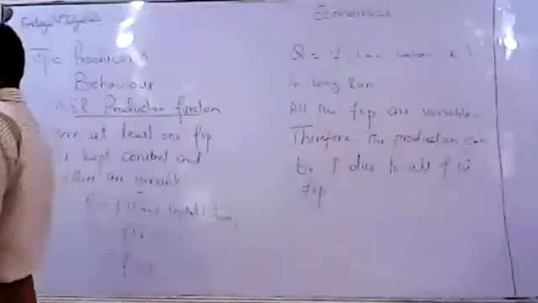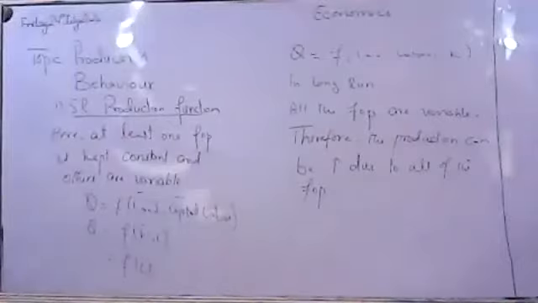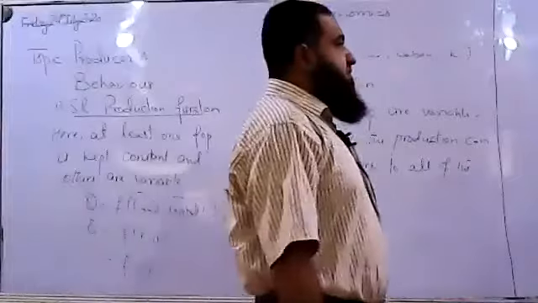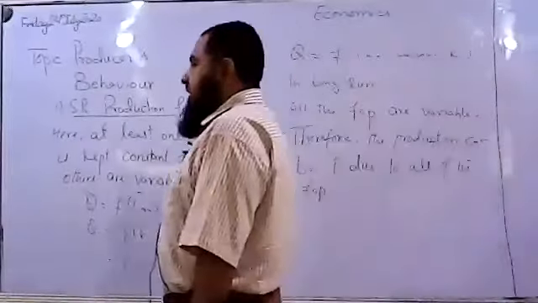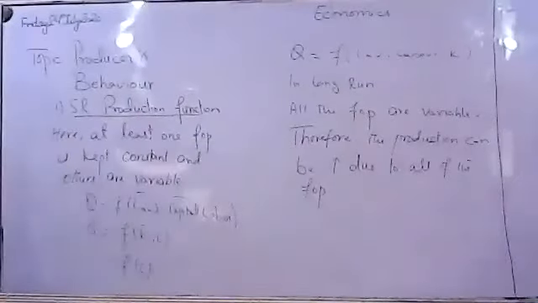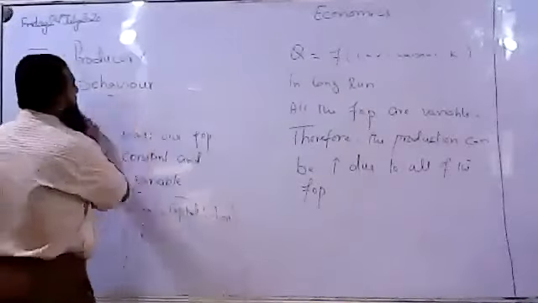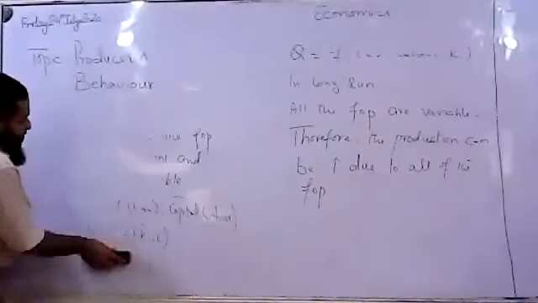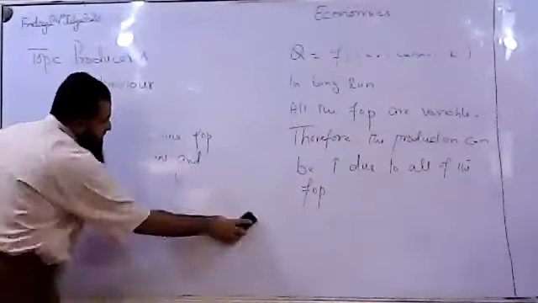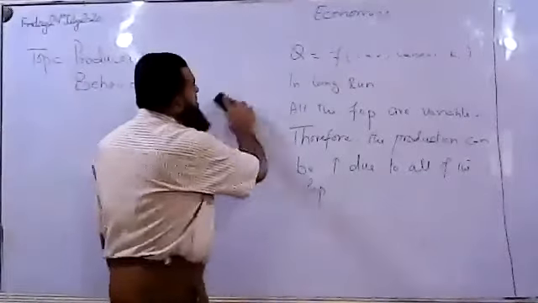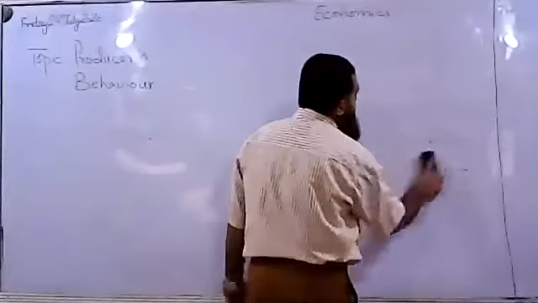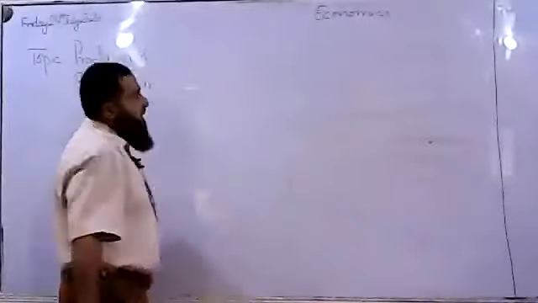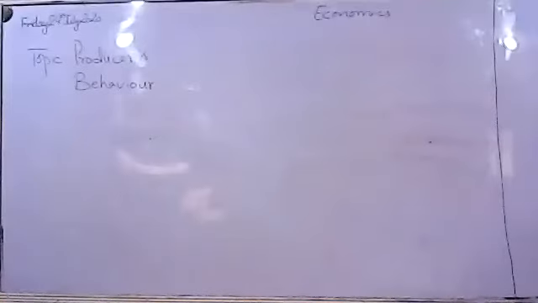Now, what are the different terms which are used in microeconomics to analyze the producer behavior, how the producer is going to show us his behavior? So the first thing which we are going to do is use some of the terminology, some of the variables which will be studied in our next lessons, and after that we will be able to understand them and they will be helpful in analyzing the producer behavior.